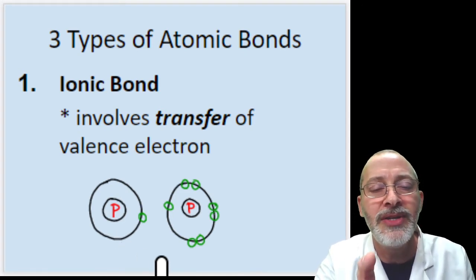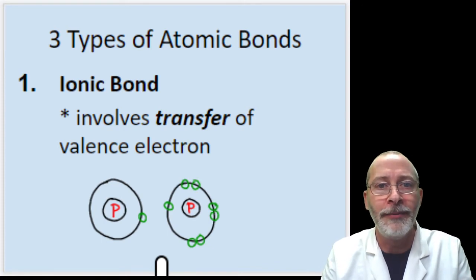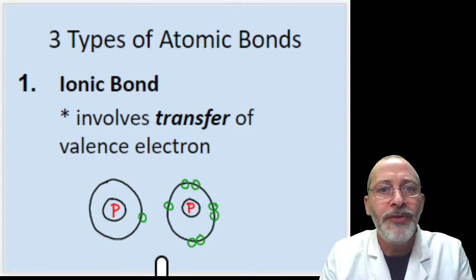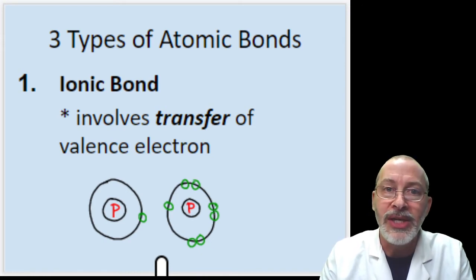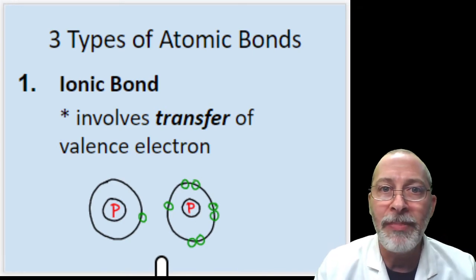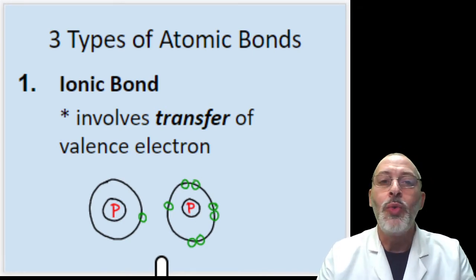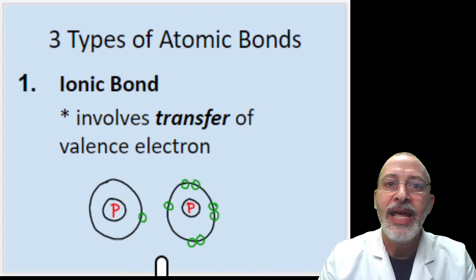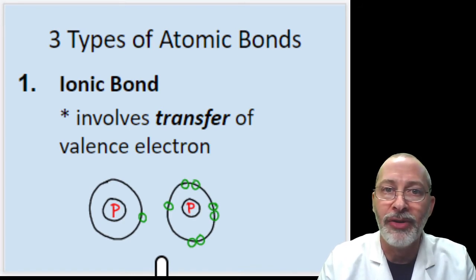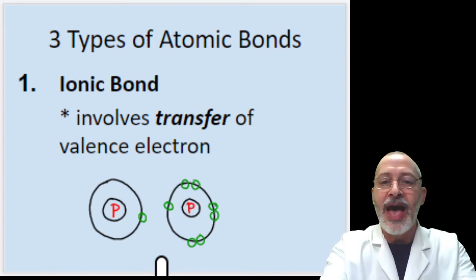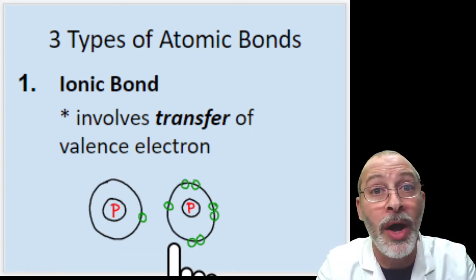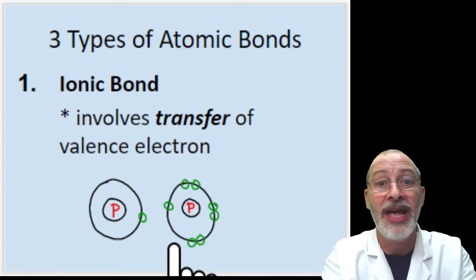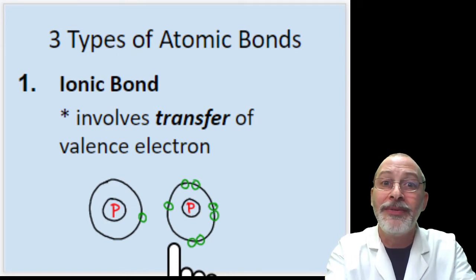Now again, look at this diagram and think for a moment. Both of these atoms, like everything else, want to seek a steady state. They would both be happiest with a completed outer energy level. The atom on the right would be happiest to gain 1 more electron, and its outer energy level would be complete.